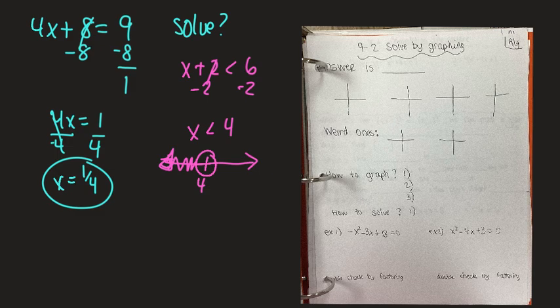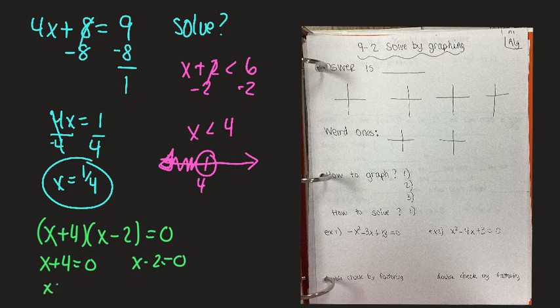Okay, last chapter we had a question that looked like this. x plus 4, parentheses, x minus 2 equals 0. And the direction said solve. When it looked like that, what did solve mean? Solve meant x plus 4 equals 0, x minus 2 equals 0, x is negative 4, x is positive 2.